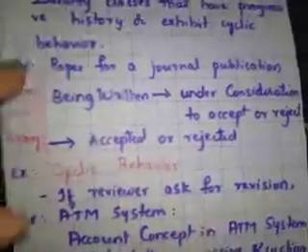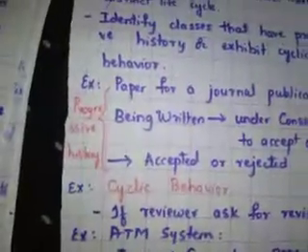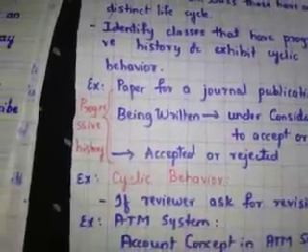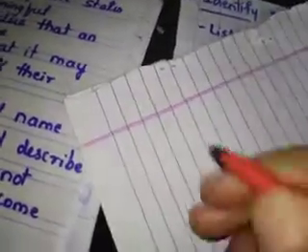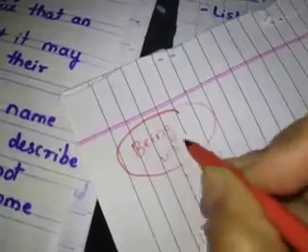Sometimes the objects may also exhibit cyclic behavior, that is, you may go back to a previous state. Let's take the same example of paper publication. Initially the paper to be published was in the state of being written.